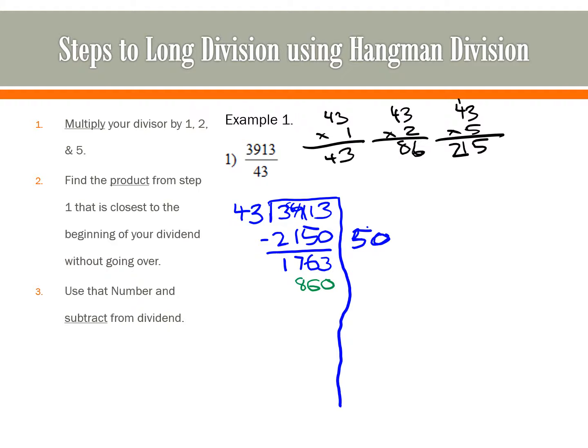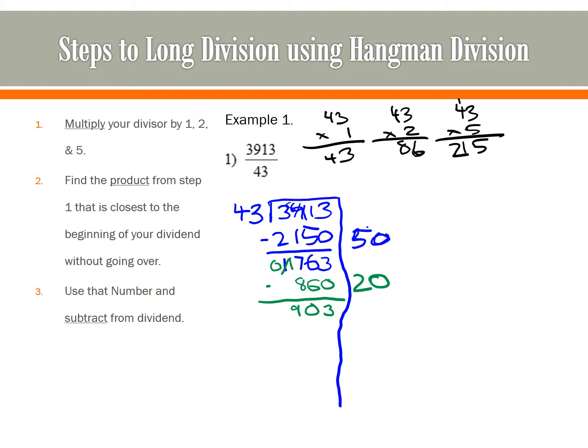Because 43 times 2 is 86. 43 times 20 is 860. And now when we subtract this, 3 minus 0 is 3. 6 minus 6 is 0. 7 minus 8 we can't do, so we have to borrow. 17 minus 8 is going to give us a 9. So 903 is what we're left over.